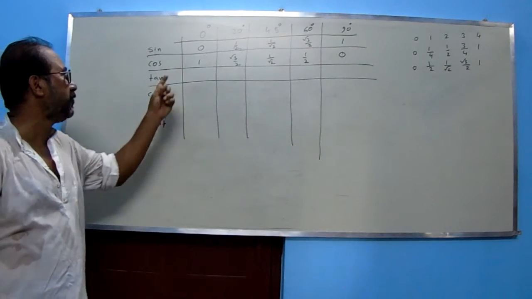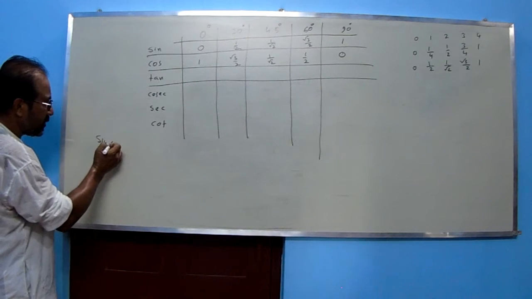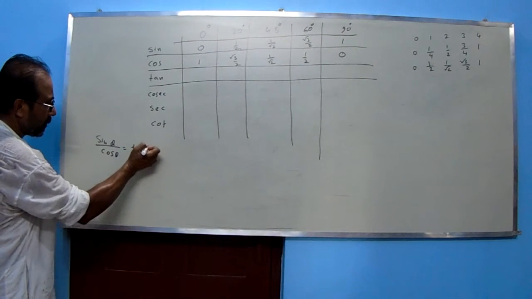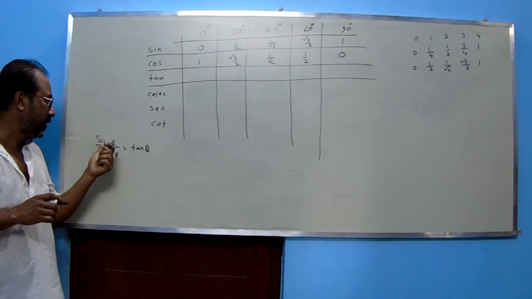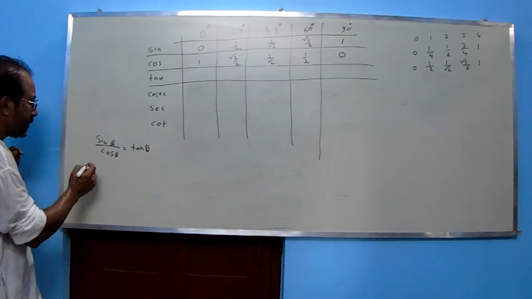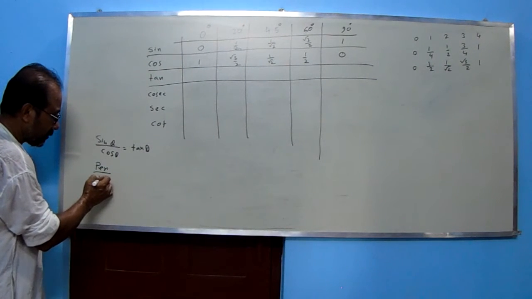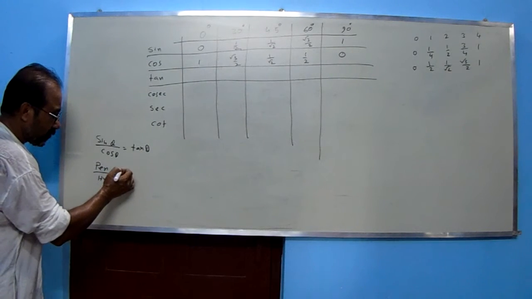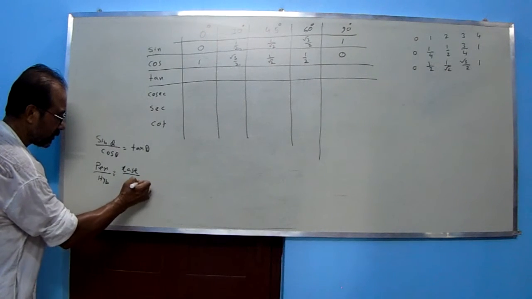Again, what is the value of tan? The moment I divide sin theta by cos theta, I get tan. It was not taught in the last classes, but sin theta by cos theta is tan theta. It is clear why. Sin theta means perpendicular by hypotenuse, divided by cos, which means base by hypotenuse.